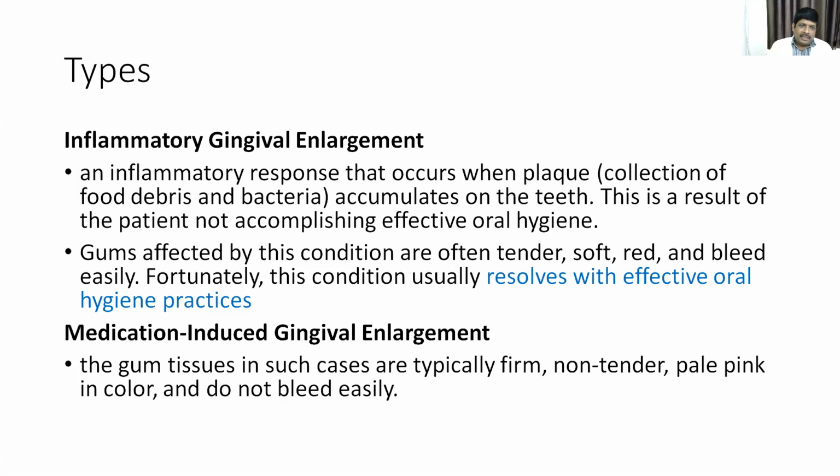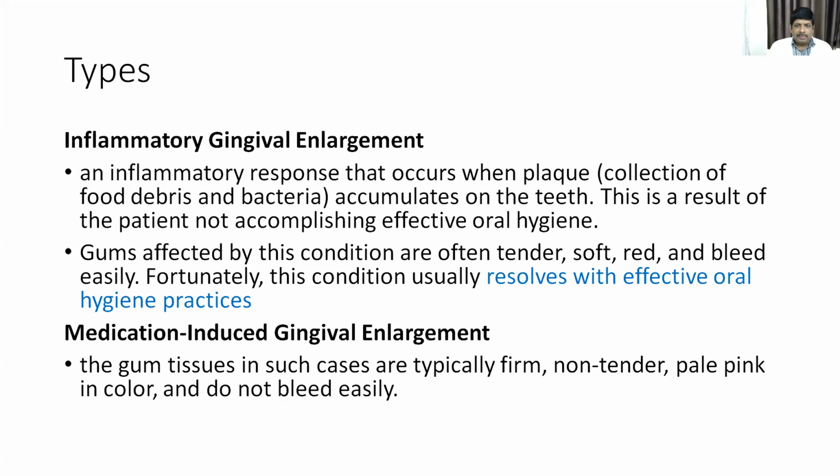From the name only we can get some idea that it is an inflammatory response, which occurs when plaque, that collection of food debris and bacteria, accumulates on teeth, and this results from the patient not maintaining effective oral hygiene. If the person has bad oral hygiene, first plaque happens, and then an inflammatory response occurs, which leads to the inflammatory gingival enlargement.